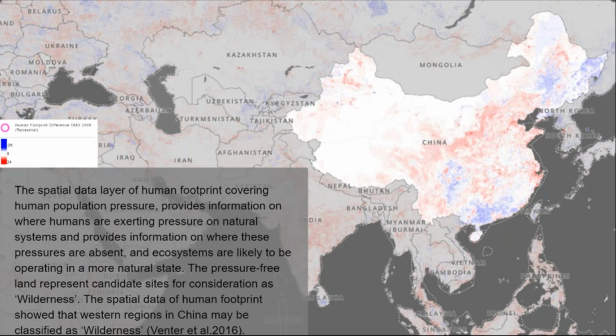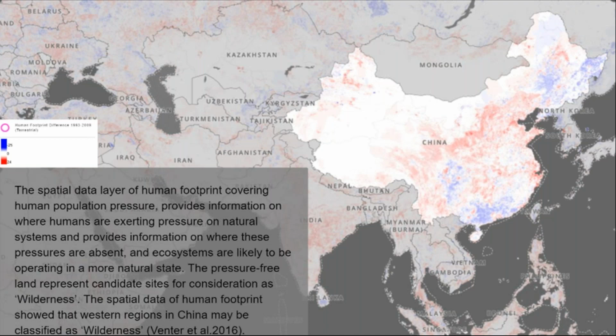China is a great country with the largest population in the world. The spatial data layers of the human footprint covering human population pressure provide information on where humans are exerting pressure on natural systems, while also providing information on where these pressures are absent and ecosystems are likely to be operating in a more natural state.